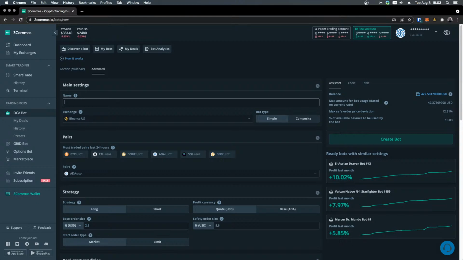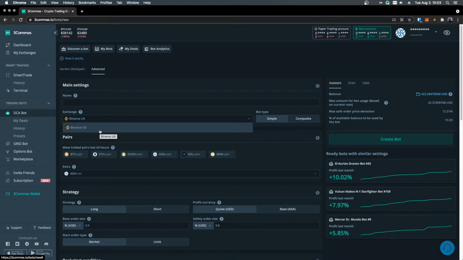You can click and join up. As long as you have a Binance US account that's ready to go, that might be some challenge. But again, I don't have it set up here, but they support like 30-some exchanges. So as long as you've got an account on one of them, you can get this set up and working.